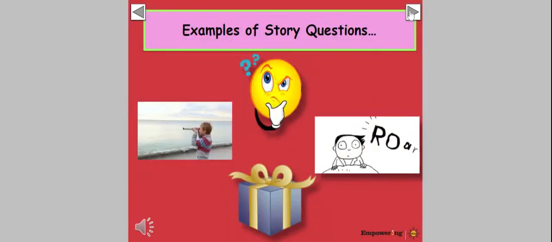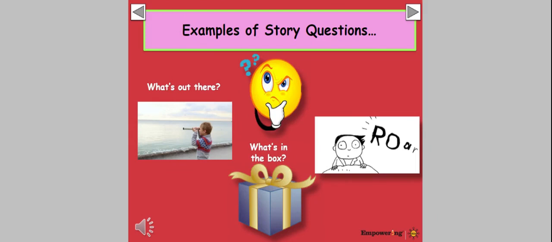So here's some examples of story questions. If we look at the little boy, he's got his eye to the telescope. What do you think he's wondering? Yeah, what's out there? Right? How about the box all wrapped up? What are we wondering about that? That's right, we're wondering what's in the box, right?